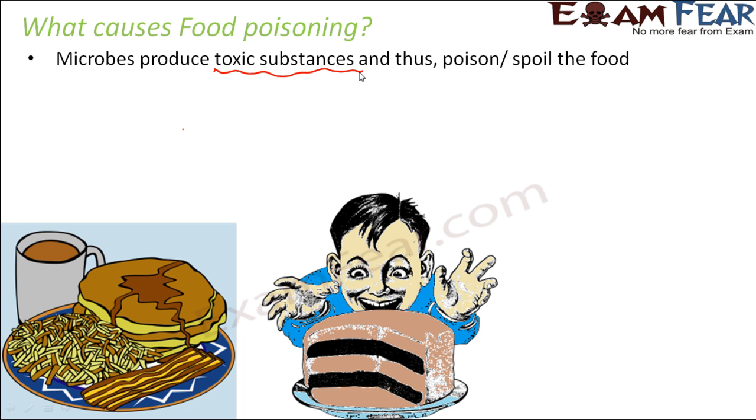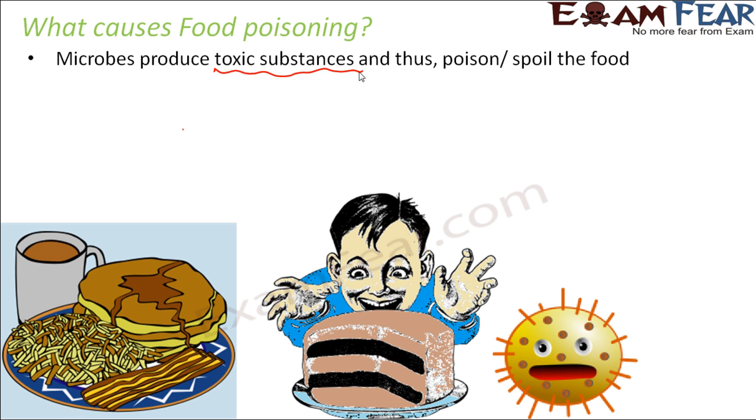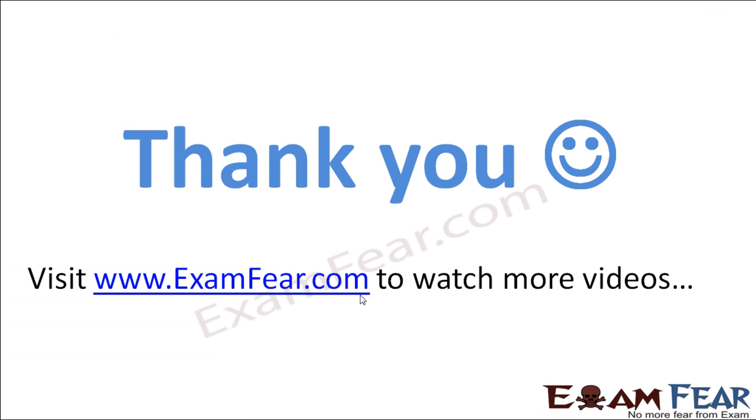If it is left open, it is more prone to get attacked by microorganisms, and then these microorganisms will release toxic substances, and that's how the food will get poisoned. And when you consume that food, you fall ill, because the food contains harmful microorganisms, and as a result you are not able to digest the food, and you tend to vomit, or there is stomachache or loose motions. All these things follow.